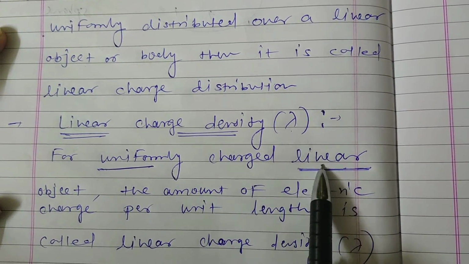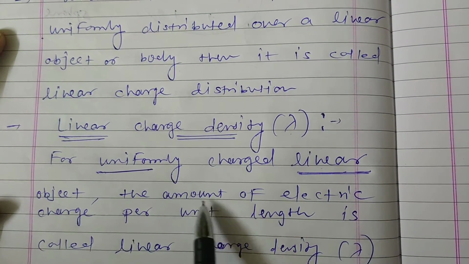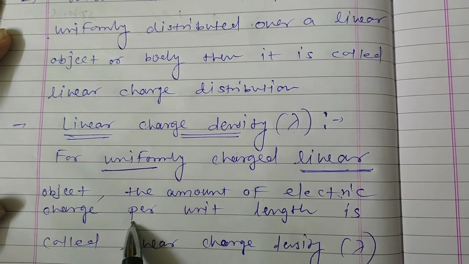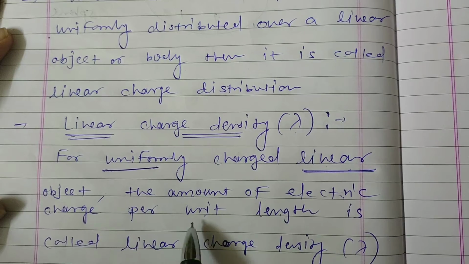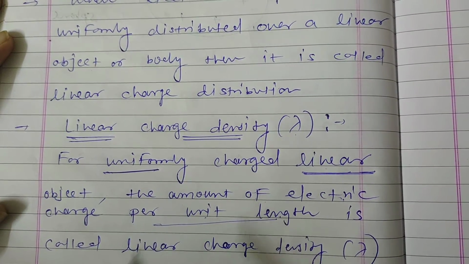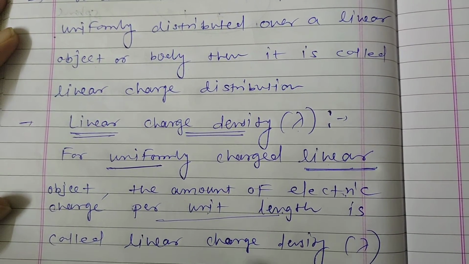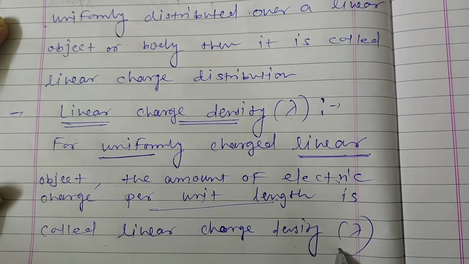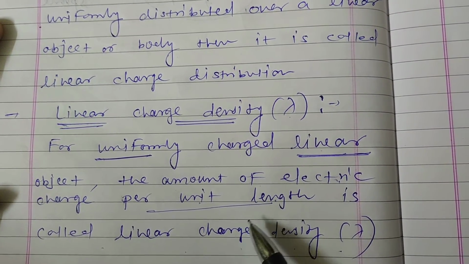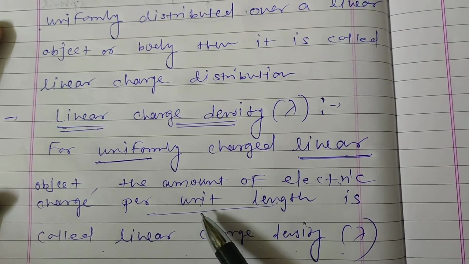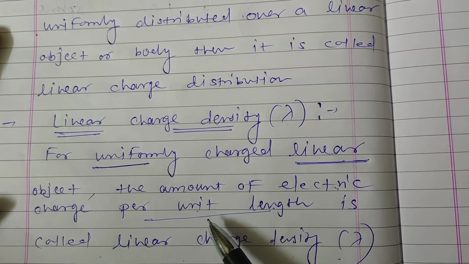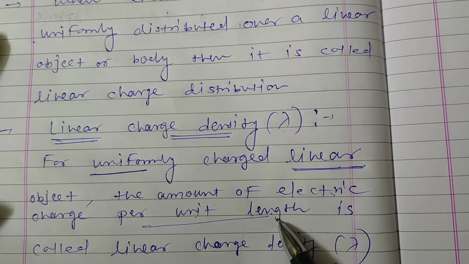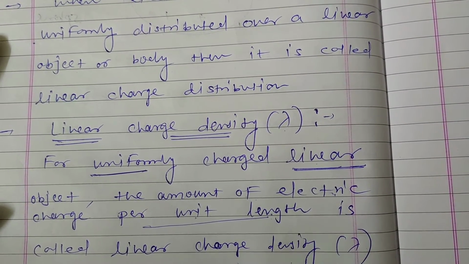For a uniformly charged linear object, the amount of electric charge per unit length, which is the important part of this definition, is called linear charge density lambda. As we know, if any quantity is per unit length, like unit area, unit length, then that particular physical quantity goes to the denominator.